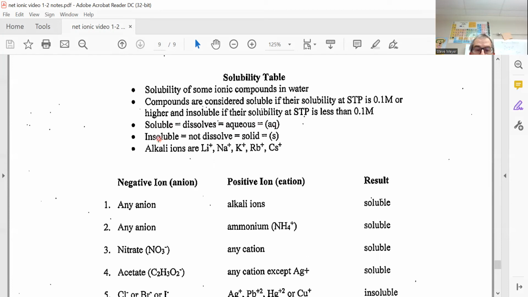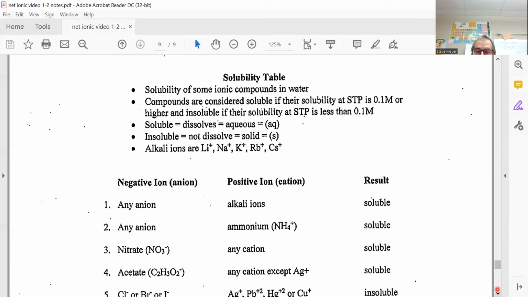If something is insoluble, it won't dissolve, and we're going to use S. S is not for soluble. S is for a solid or a precipitate, meaning it's insoluble. AQ means it's soluble.